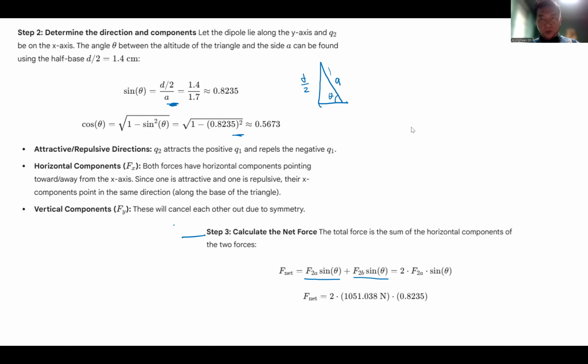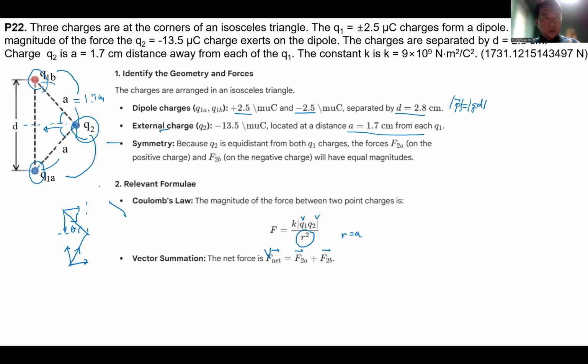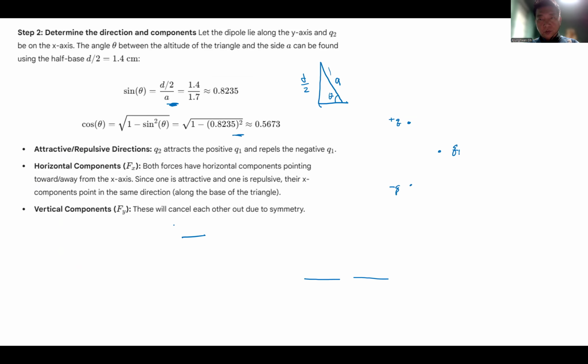Note that what is happening here is that you have a Q, there's a Q3, and then you should note that Q2 is negative, right? Q2 is negative.